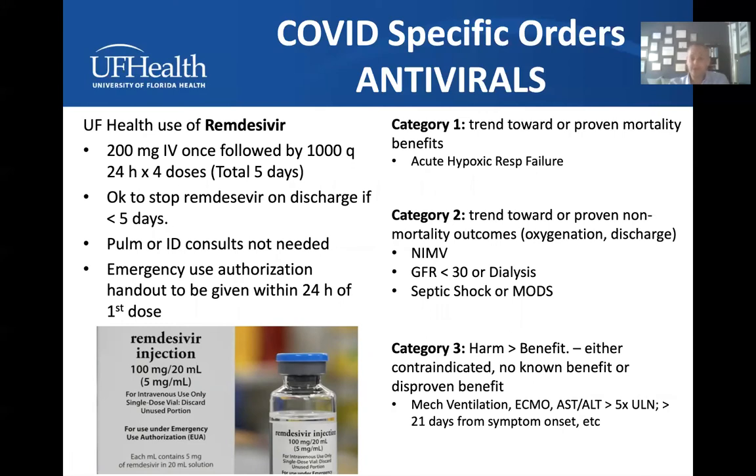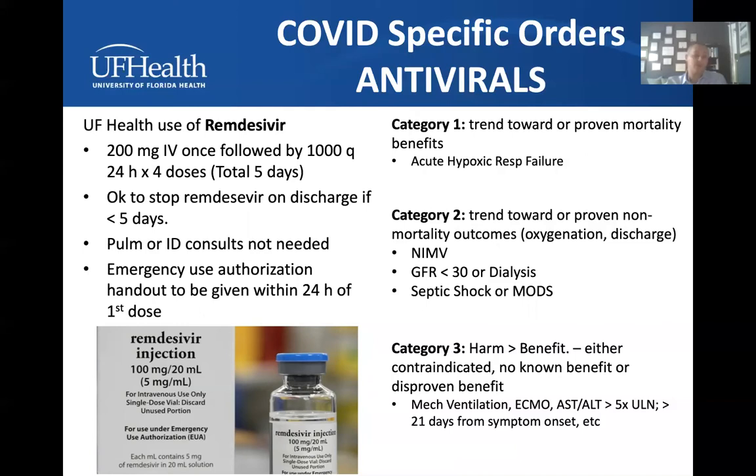Based on the available evidence and the shortage of remdesivir supplies, at UF Health, we formed a task force with members from the Infectious Disease Division, the Pulmonary and Critical Care Division, and the Hospital Medicine and Pharmacy Divisions to evaluate who should be deemed a candidate for remdesivir, especially when supplies are short.